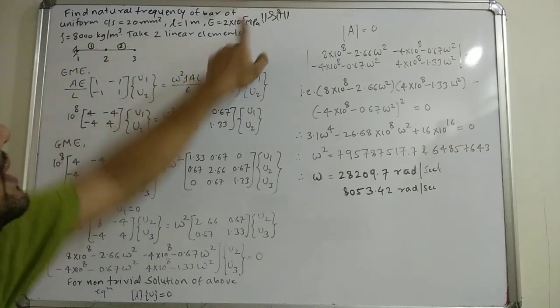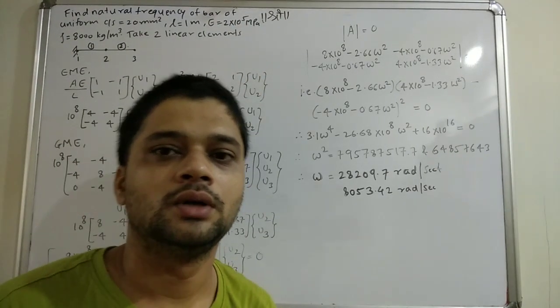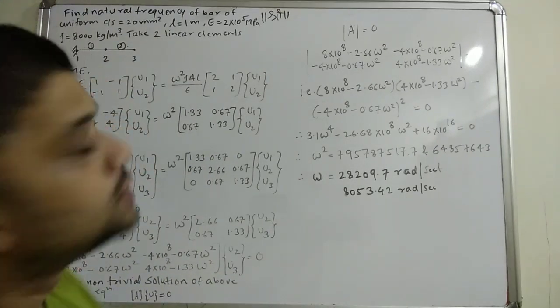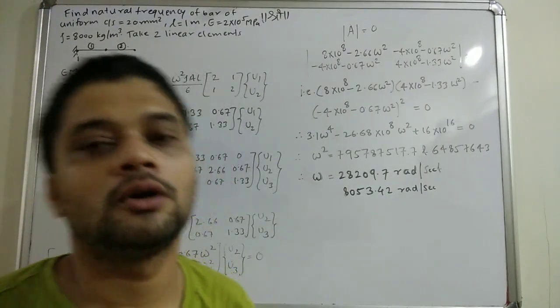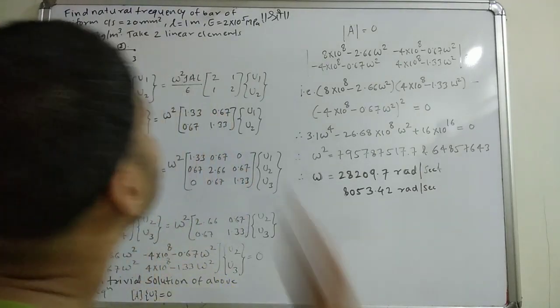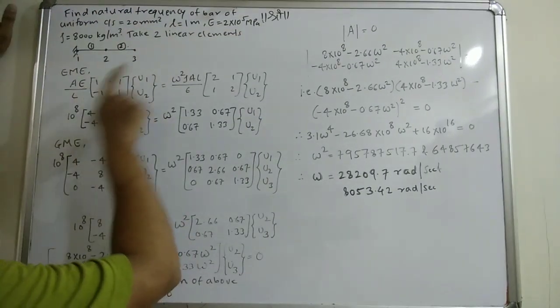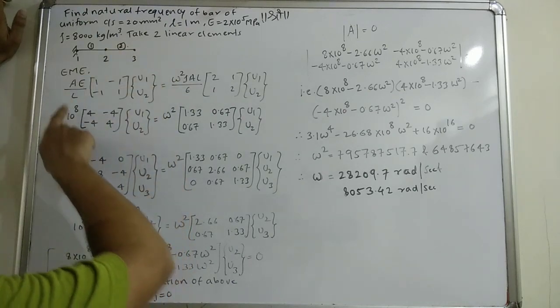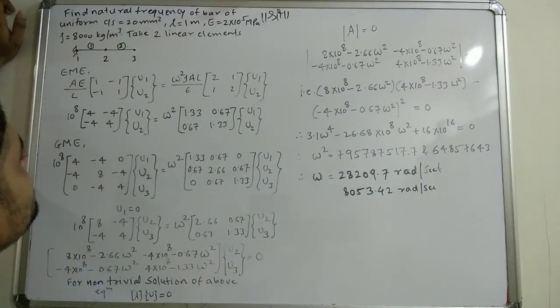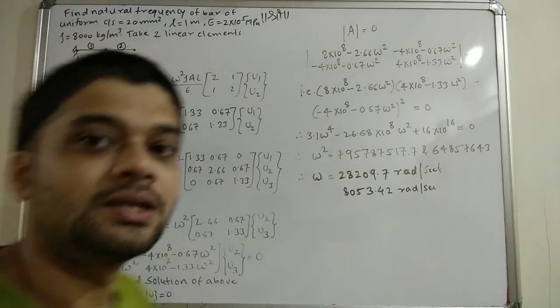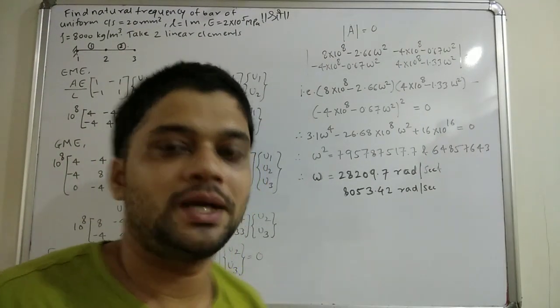Young's modulus can be easily rewritten in terms of Newton per meter square as 2 into 10 raised to 9. L I have 1, and the cross section is in millimeter square, so I can easily rewrite it as 20 into 10 raised to minus 6.